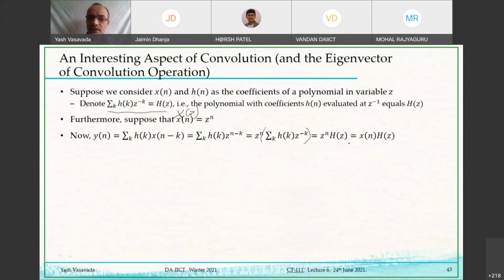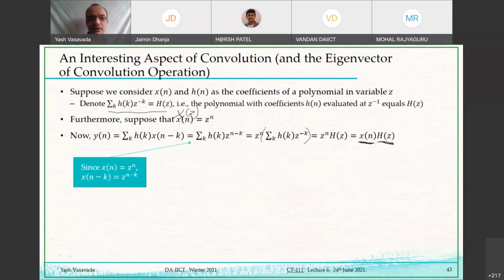And so you see that what I get at the output of the convolution is my input sequence x of n, except it got scaled by h of z. And h of z is a constant. It is independent of n. Right? So that is what I have expressed by these boxes.